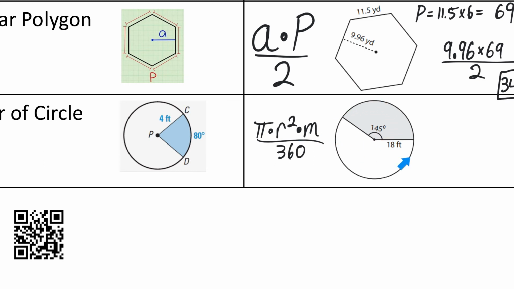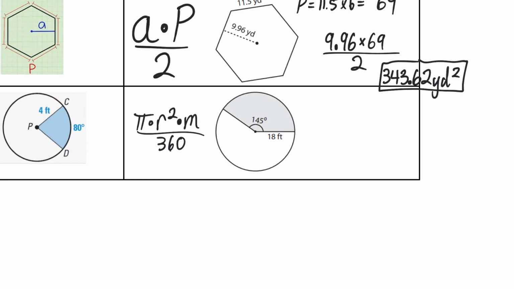So on this circle, what is the radius? It's 18, so I'm going to plug in 18 right there. Then what's the measurement of the angle that makes the sector? 145, so I'm going to plug in 145 there. So it's going to be pi times 18 squared times 145 over 360.